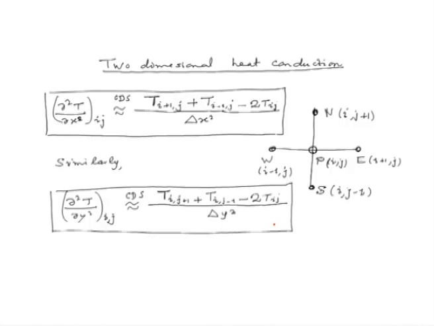Then what would be the discrete equation at the node P? So, the discretized equation: substitute the approximation of these derivatives in the governing equation.